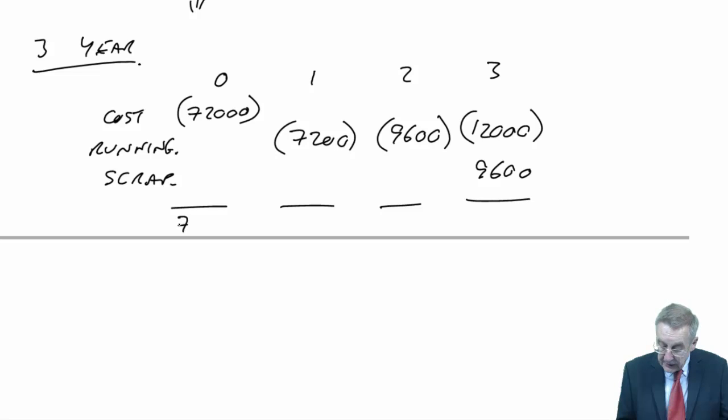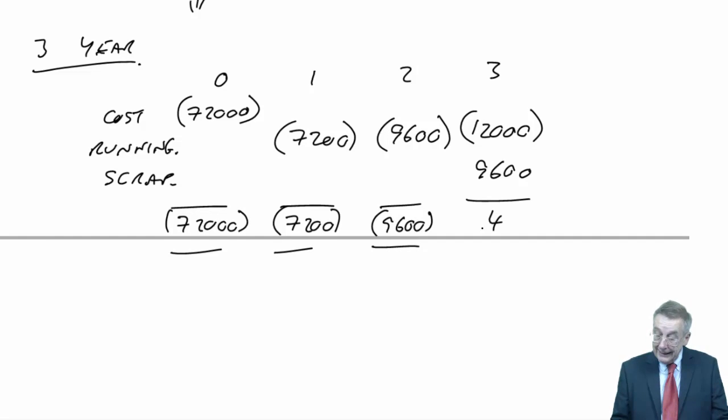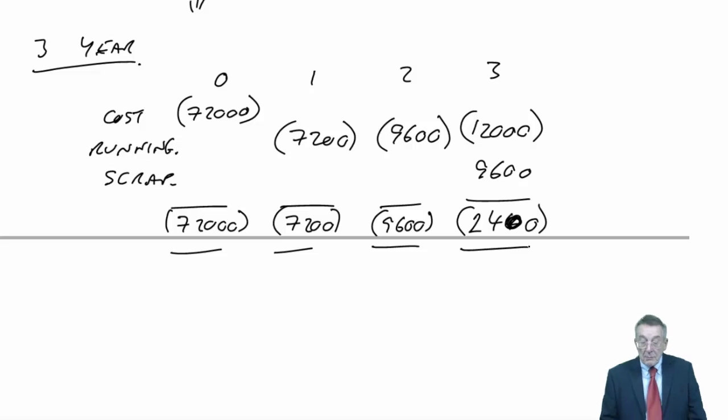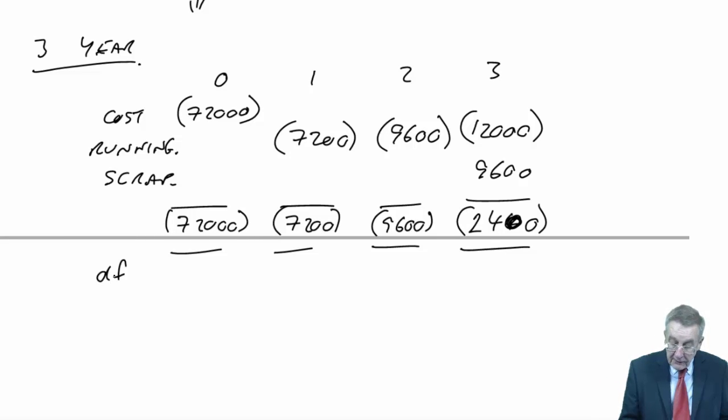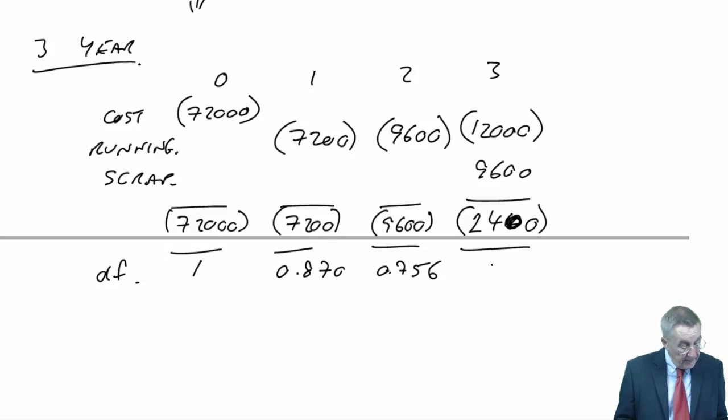So the net cash flows, 72, 7.296, 24. Discount at the cost of capital of 15%, 0.87, 0.756, 0.658, and the present values.